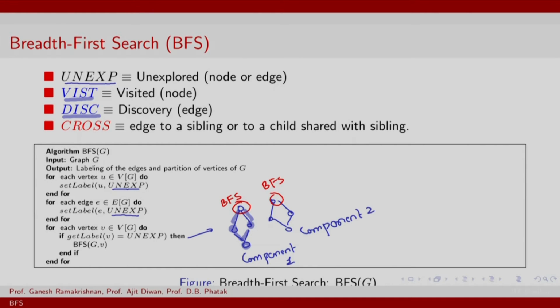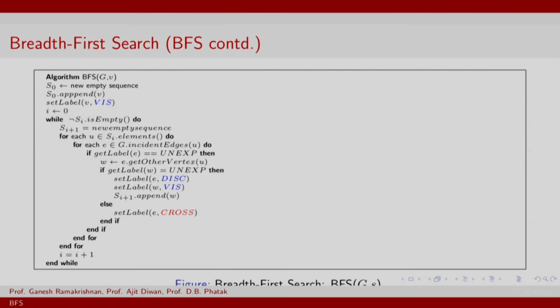So it is possible that this particular node here is connected to some other node here. Well, that we would call a cross edge, which is an edge to a sibling or to a child shared with sibling. So more about this in the next slide. Okay, so this is BFS as applied to a single connected component.